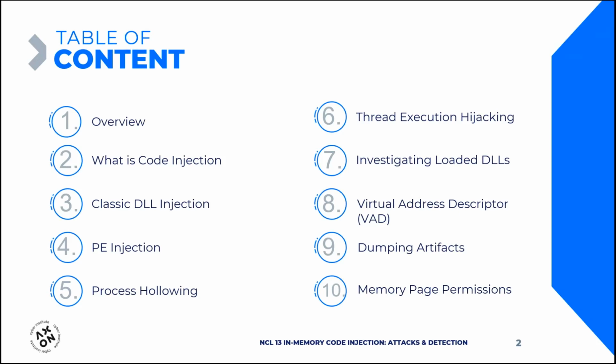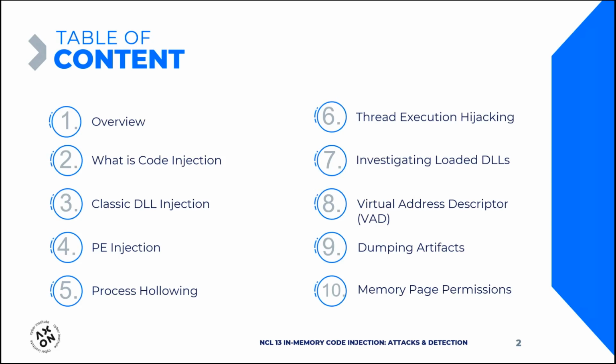And then we will jump into detection techniques: how to investigate loaded DLLs in memory, and how to utilize the virtual address descriptor, the VAD, to find hidden DLLs and unlinked DLLs.